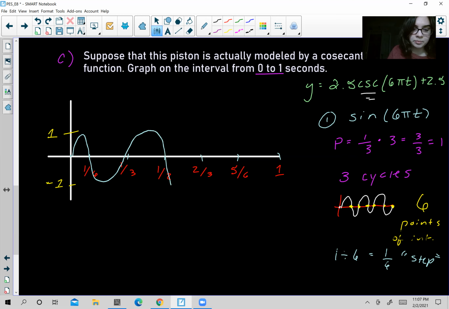I feel like this is really illuminating how unequal my intervals are. It's okay. All right, so this is our sine of 6 pi times t, and we can check to see that we have 3 cycles. You can sort of hover your pencil over the paper. So 1, 2, and 3. All right, so that first graph is done.